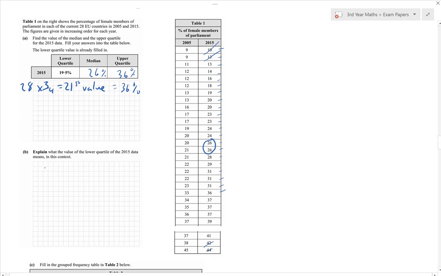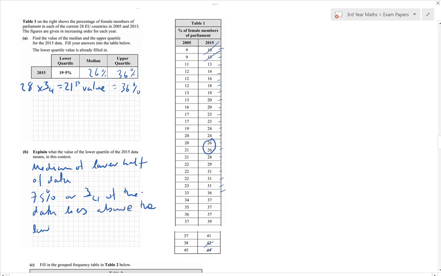So you can say it's the median of the lower half of data, or you could say 75% or 3/4 of the data lies above the lower quartile.